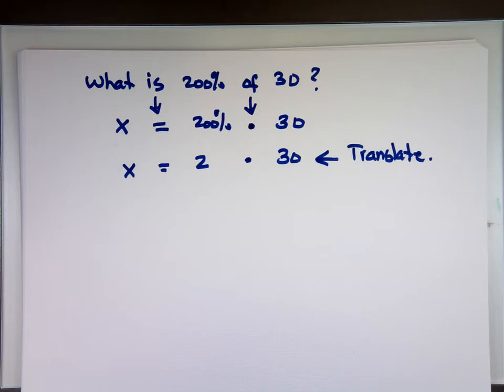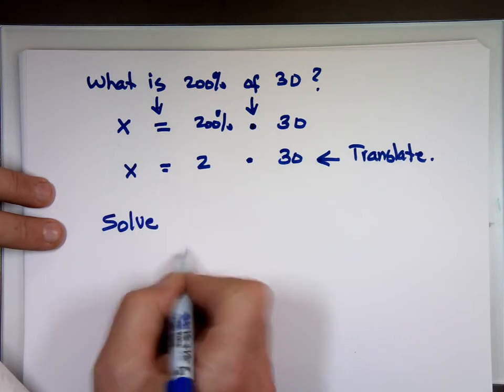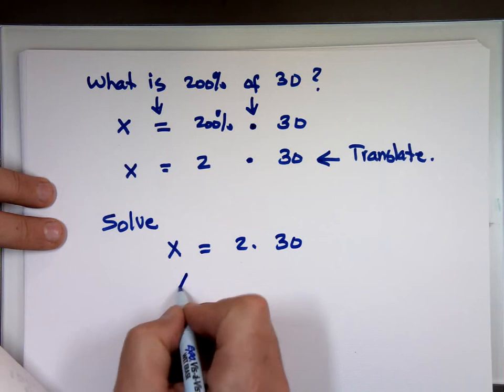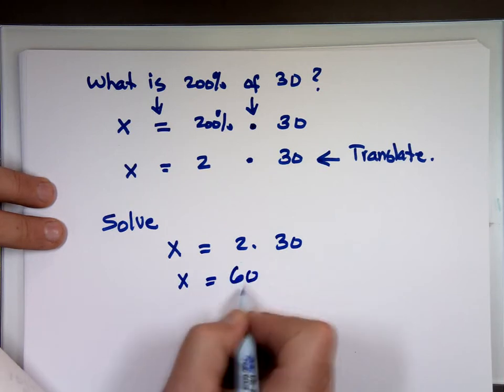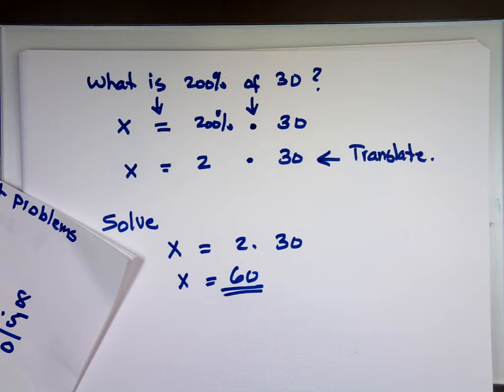You stop if it says translate. If it says solve now, x equals what? 2 times 30. What's 2 times 30? That's solve. You finish solving the problem. In some of them they'll ask you to translate, in other ones they say just solve.